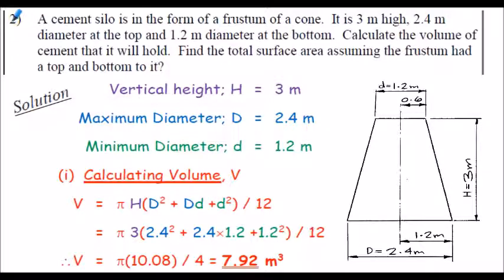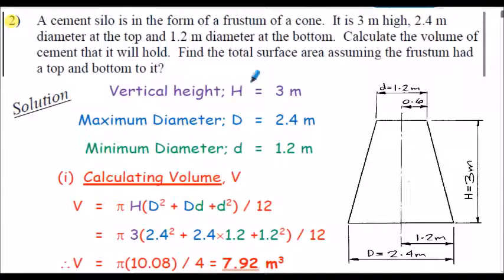Here's the question 2 solution relating to the frustum of a cone. Extracting the information from the question, the vertical height is 3 meters, shown in my sketch here. The maximum diameter, uppercase D, is 2.4 meters, shown here. And the minimum diameter, lowercase d, is 1.2 meters, and that's shown here.